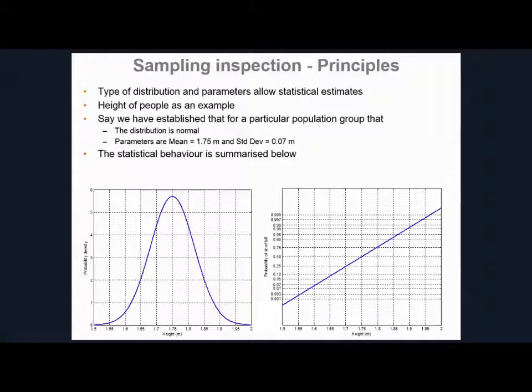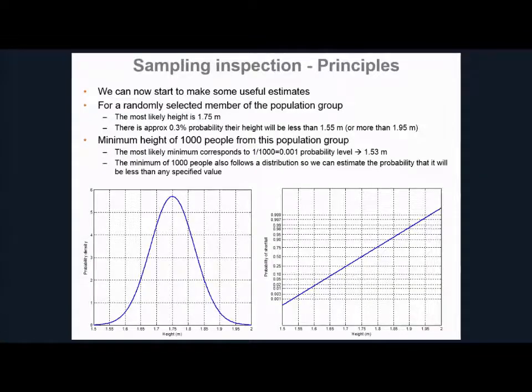So basically what that's saying is 50% of the population is likely to fall within a range of 1.7 to 1.8 meters in height. So there's a lot of information you can get from the distribution.